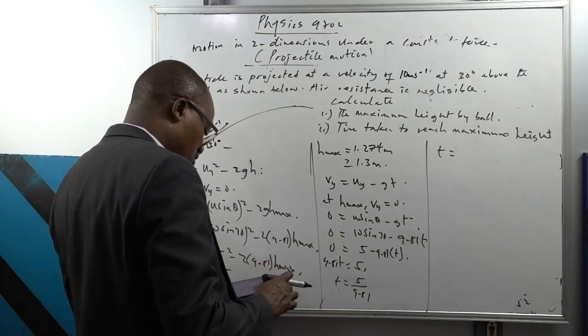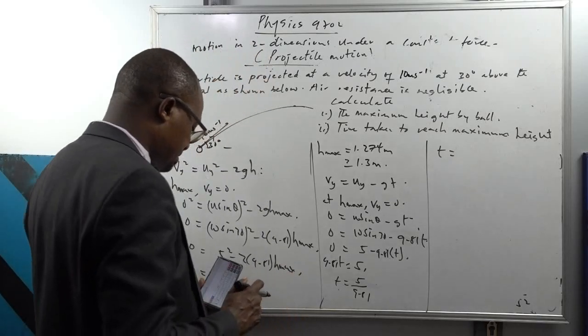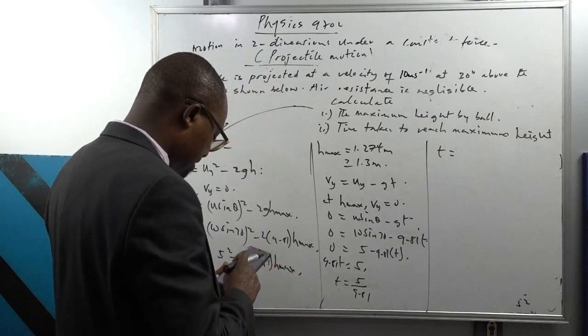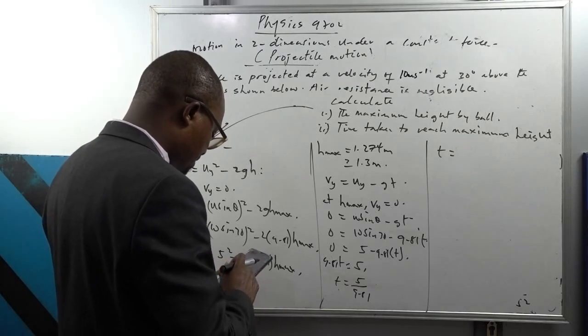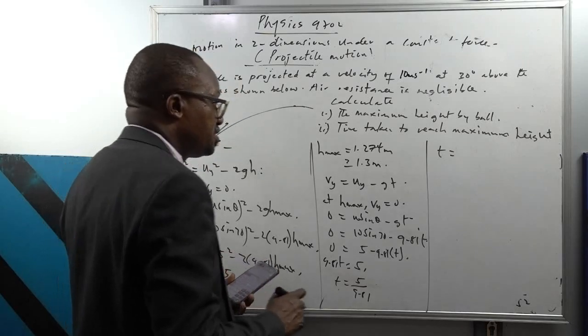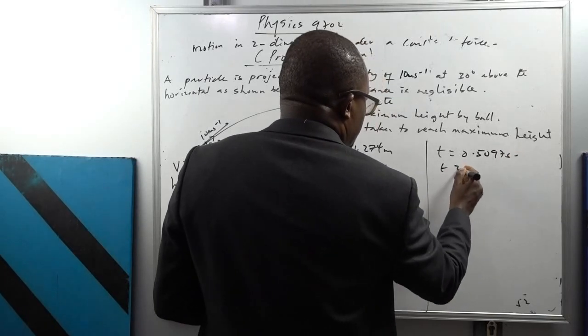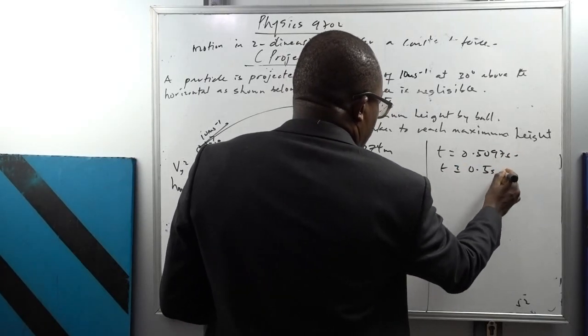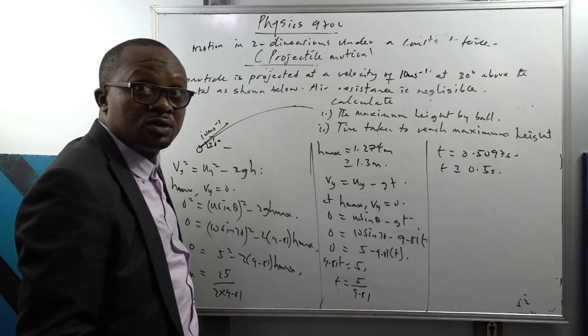Approximately that will be 0.5 seconds. But to get the exact value, 5 divided by 9.81 will give us 0.5097 seconds, which is basically 0.5 seconds. Okay? So that's that.